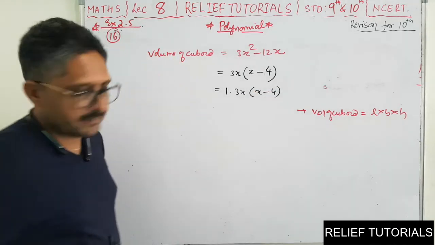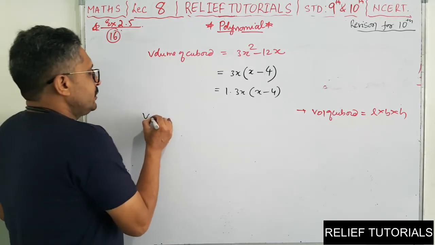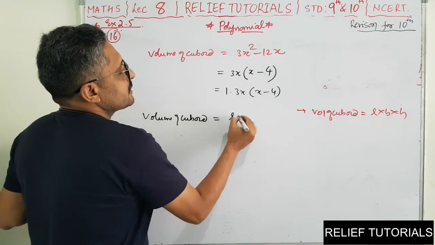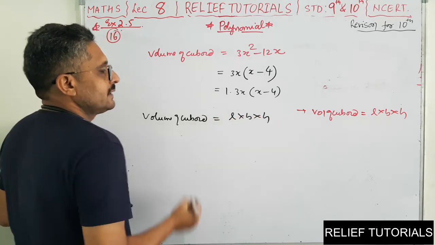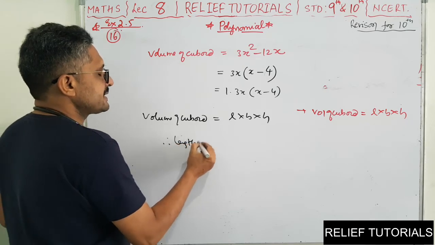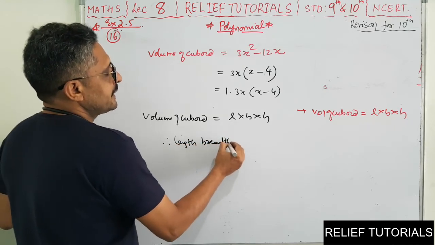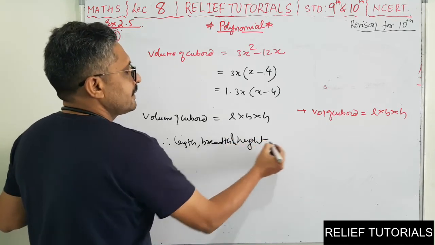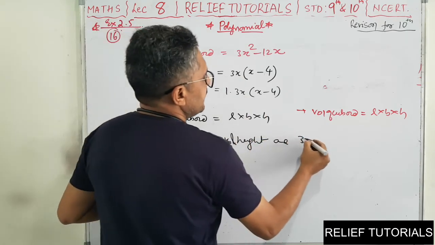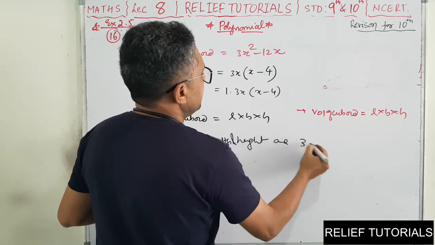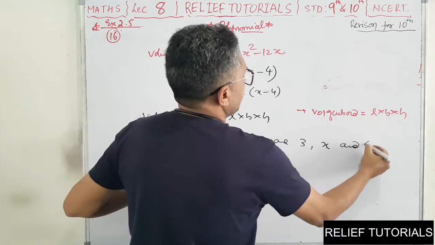So we can say from this, volume of cuboid is equal to length into breadth into height. So therefore, length, breadth and height possibilities are 3x and x − 4.